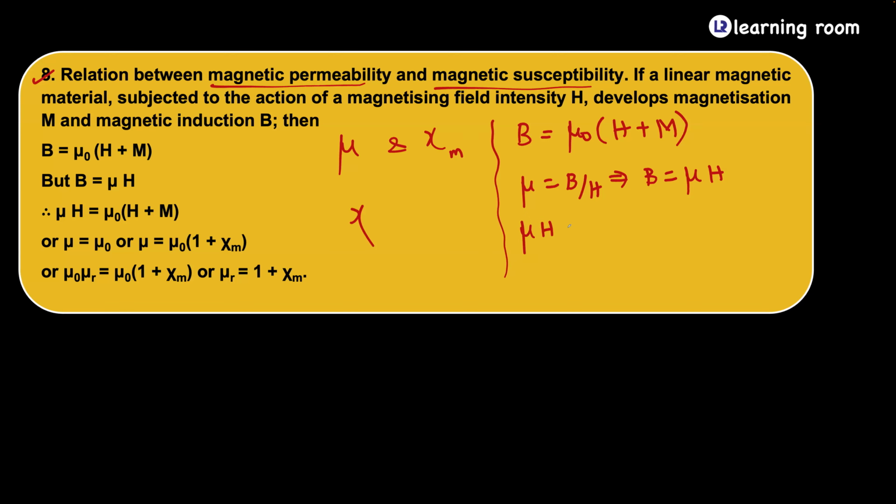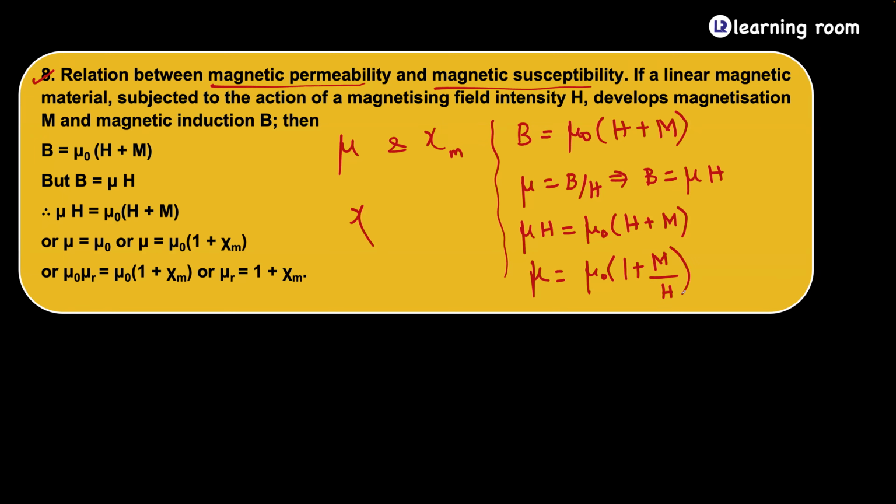So mu H is equal to mu naught into H plus M. Is that right? Divide by H on both sides. You will get mu is equal to mu naught into 1 plus M divided by H.